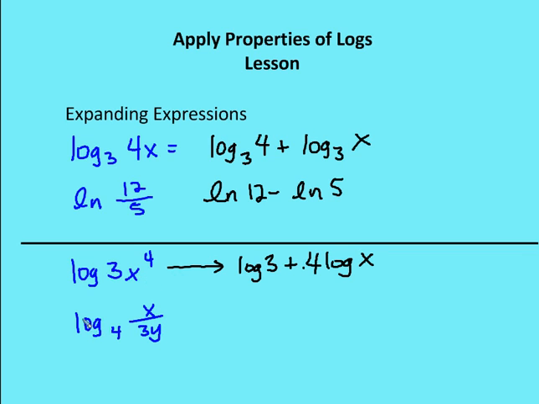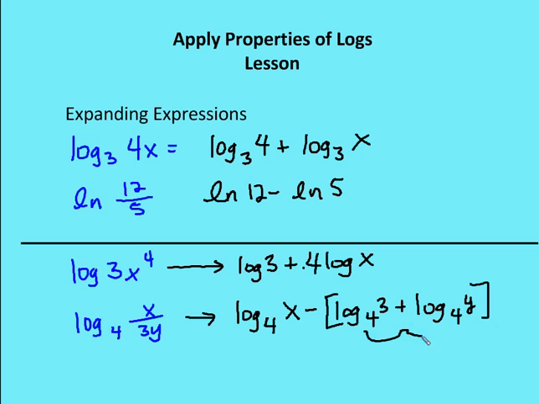I'm going to erase this so that I show you the correct answer for this particular problem. Then again, I have log base 4 of x over 3y, and that's going to give me log base 4 of x minus, and then we're going to put this in parentheses, or some bracket, log base 4 of 3 plus log base 4 of y.